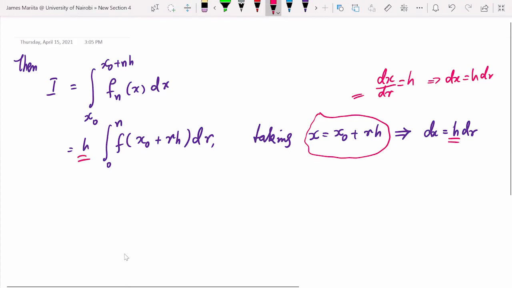Then we have f of x0 plus rh, the way we have defined it above.